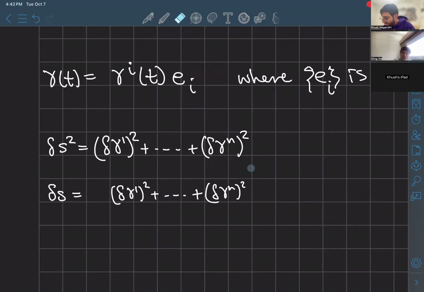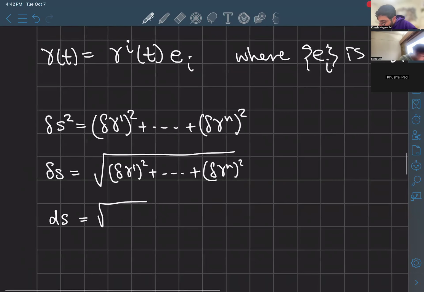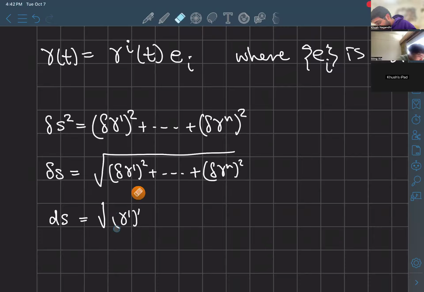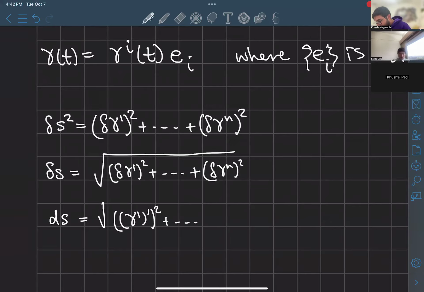Since it's the variation, we know that the variation is approximated by the derivative. So what I can say is that this ds object, this infinitesimal arc length that I increase, is given by nothing but the square root of gamma 1 prime squared, added up all the way to gamma n prime squared.